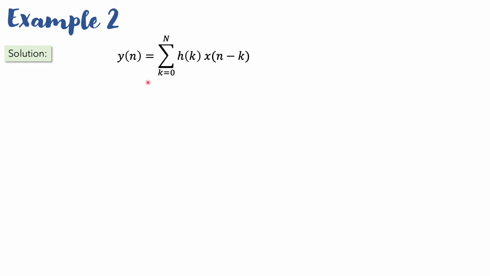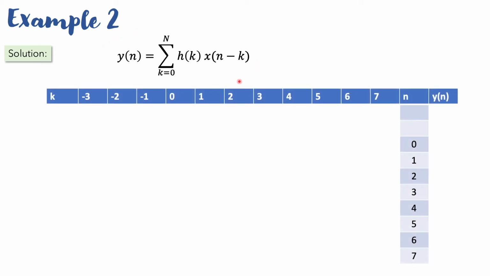Okay, so now let us see how we can compute this convolution sum. First we need to draw a table like this. The top row is the values of k, and you notice that it starts from -3 until 7. These values depend on the number of the input.